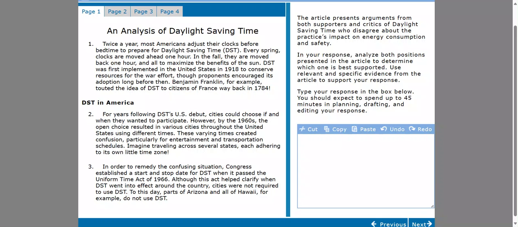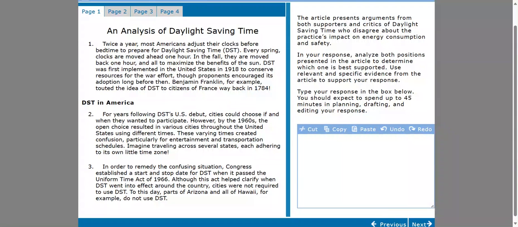Again, does this look at the arguments for or against daylight saving time? It does not. And so essentially, what I'm arguing, writers, is that paragraphs 1, 2, and 3 serve no purpose in our essay.